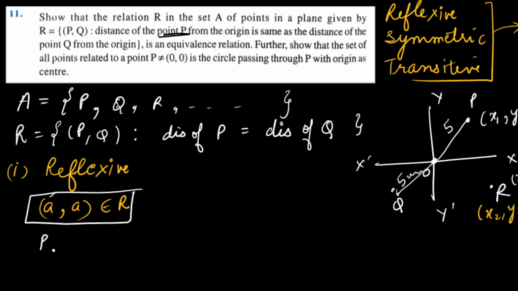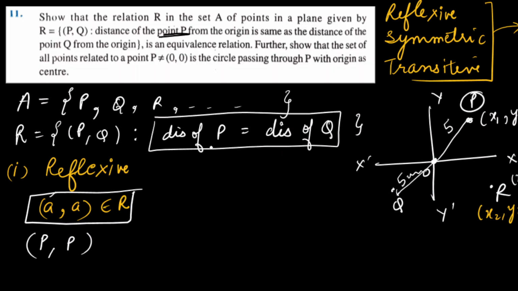Now, if I am writing (P, P), the same point I am writing at the X place and also at the Y place. So if P is at 5 units, this will ultimately become (5, 5). If P's distance from origin is 5, we can see this will satisfy the given condition that the distance of P from origin is equal to the distance of Q from origin, because the same point is there, so its distance from origin will be the same.